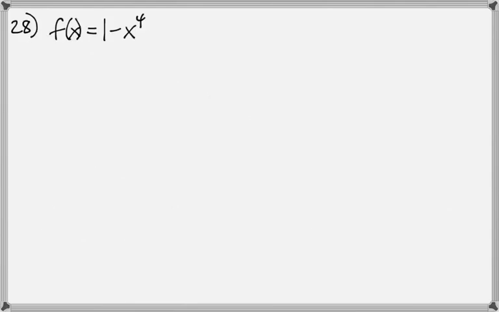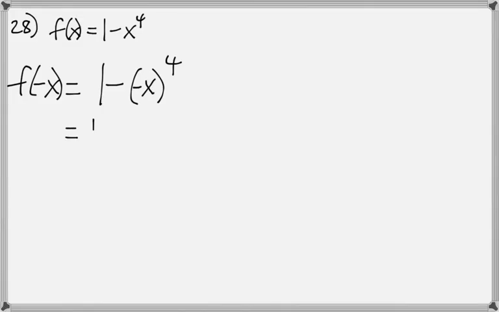Let's look at 28. Again, to test if it's even or odd, you want to plug in a negative x into the function. So you would copy the function with open parentheses, and then wherever you see an x, you want to plug in negative x. And here, the fourth power, because it's even, is actually going to cancel out that negative sign, because a negative times a negative times a negative times a negative, they go away.